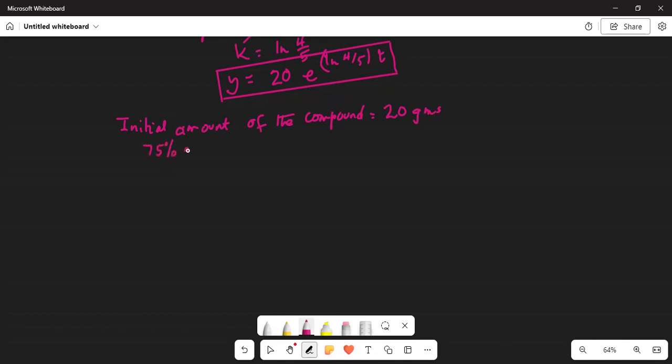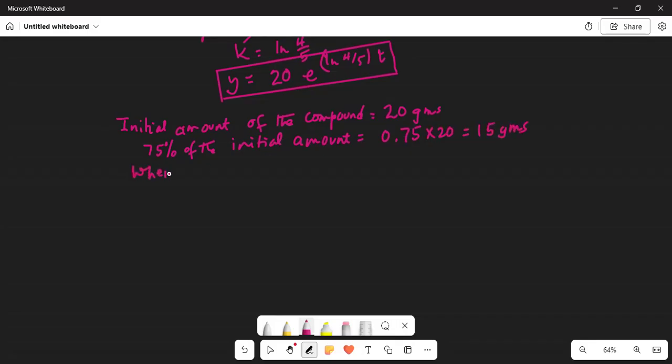75% of the initial amount is equal to 0.75 times 20, or 15 grams.